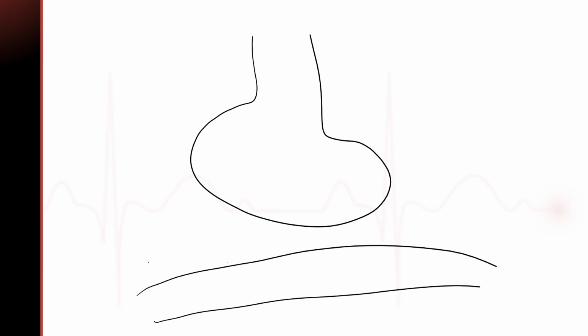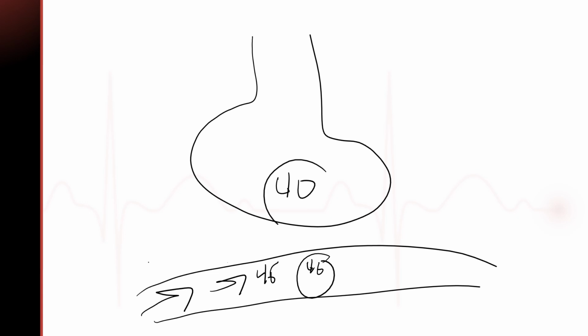This deoxygenated blood is now going to travel past the lungs, where the partial pressure of carbon dioxide within the blood plasma is 46, within the intracellular fluid of the red blood cell is 46, and a whole bunch of CO2 is being carried in the blood as bicarbonate and a hydrogen ion. And the partial pressure of carbon dioxide within the air in the alveolus is 40, so CO2 follows its partial pressure gradient, right?